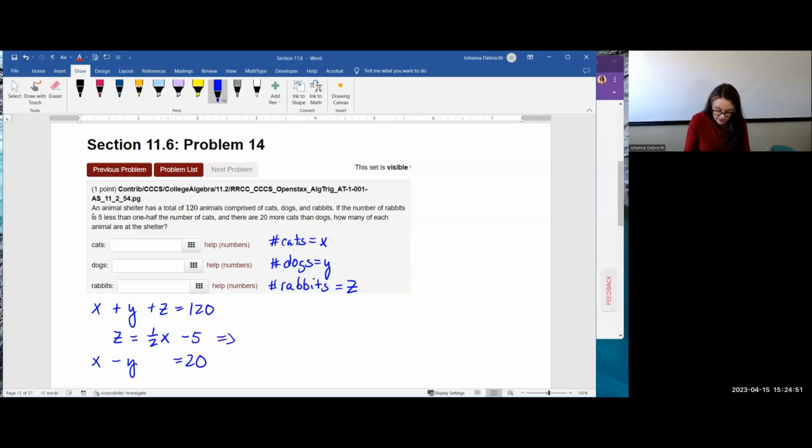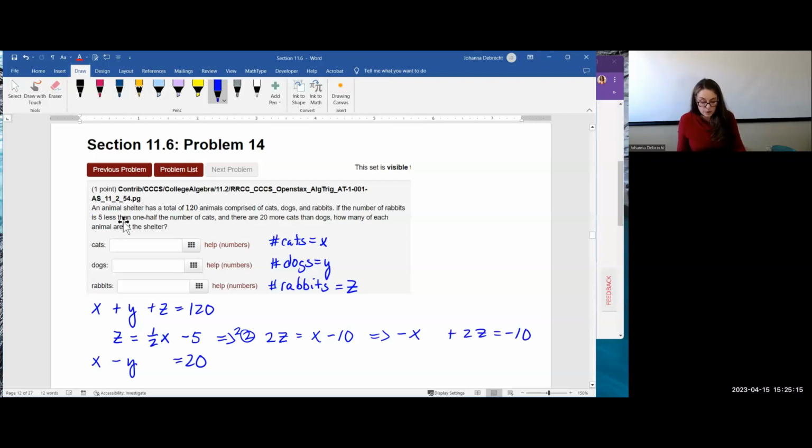So I'm going to take this equation number 2, and I'm going to multiply by 2 first to get 2z equals x minus 10. And then I'm going to move the x to the left, and I'm going to write this as negative x plus 2z equals negative 10.